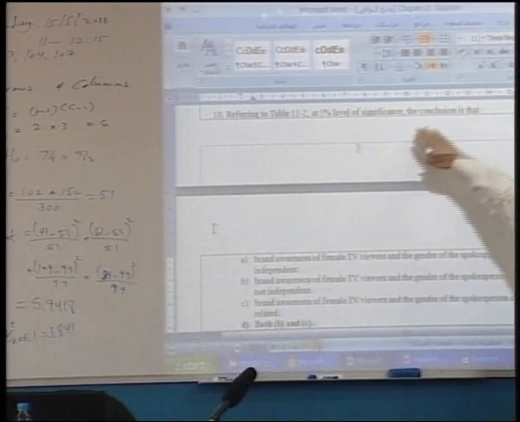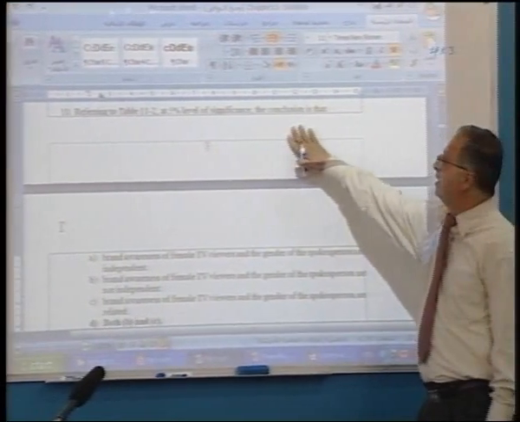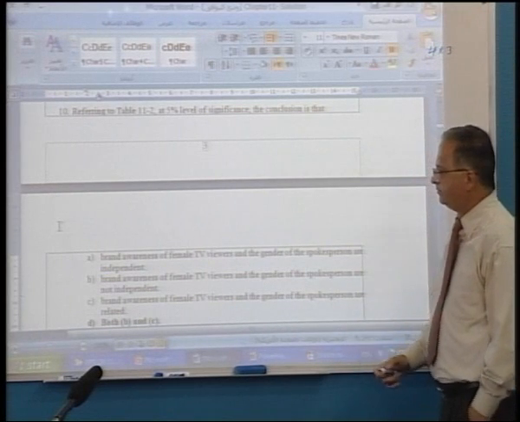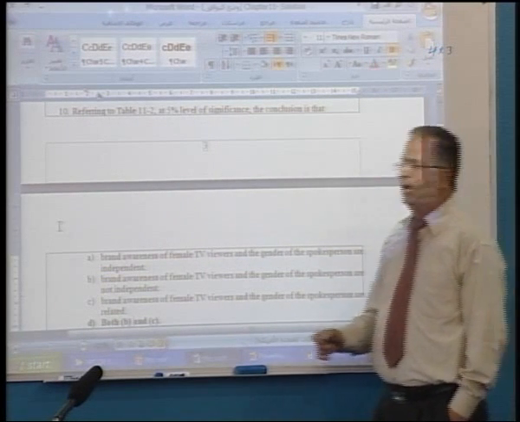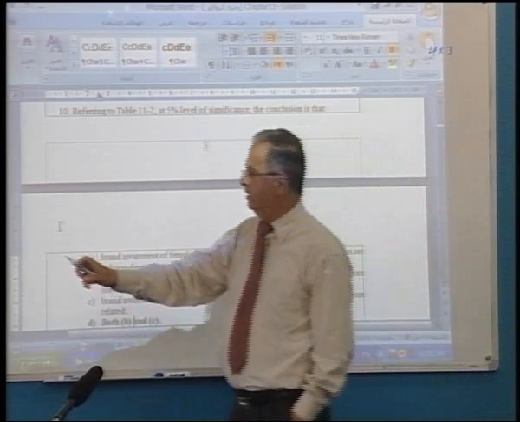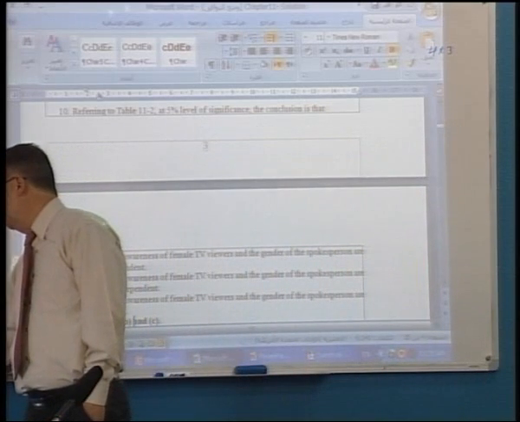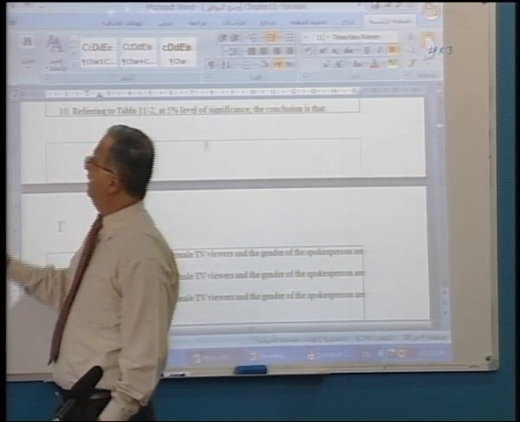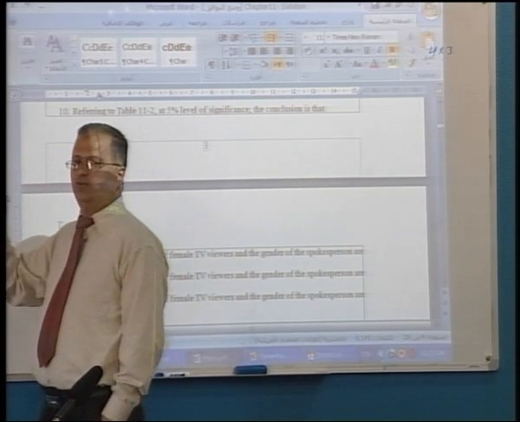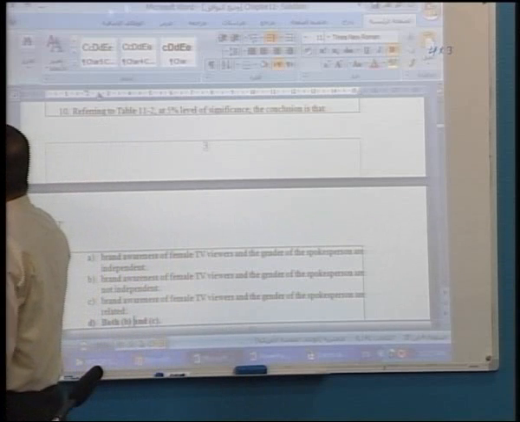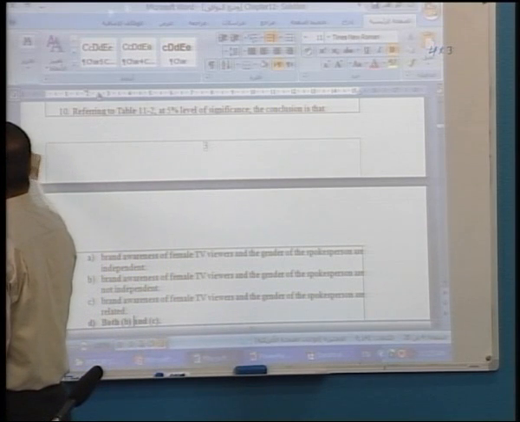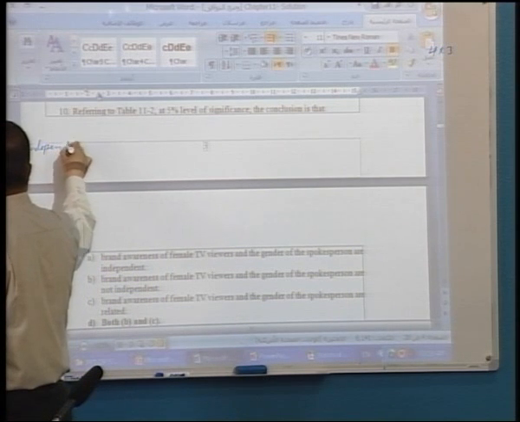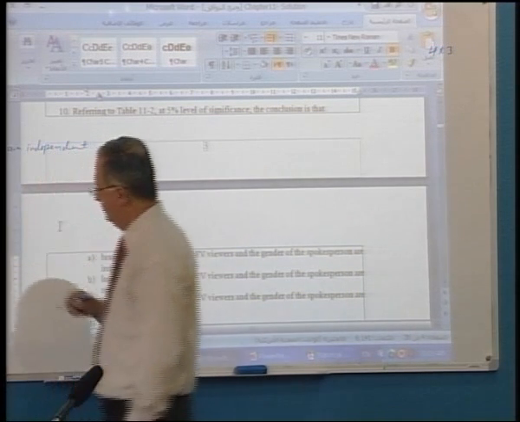Now, at the 5% level of significance, the conclusion is that we reject H0. And H0 says the two variables X and Y are independent. We reject that they are independent.